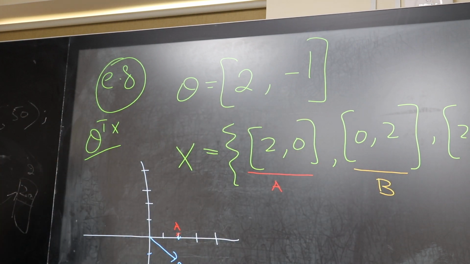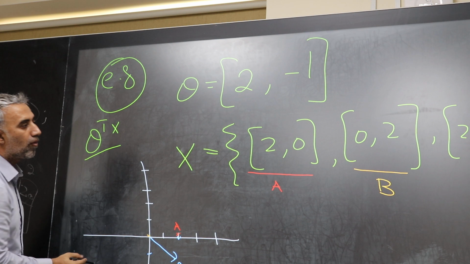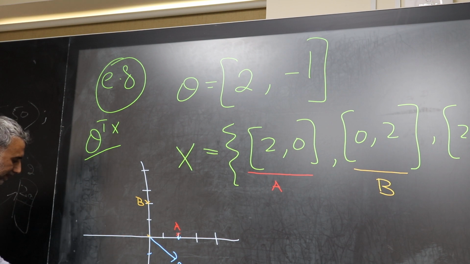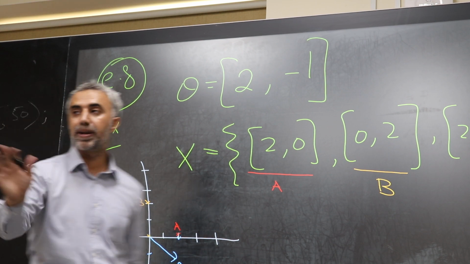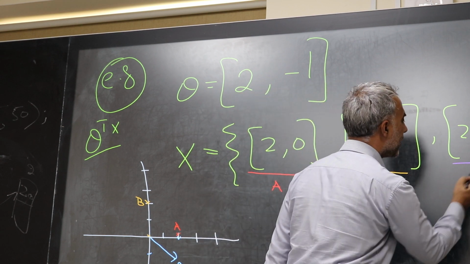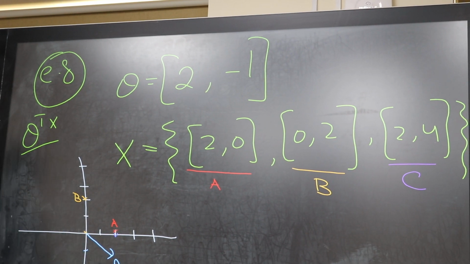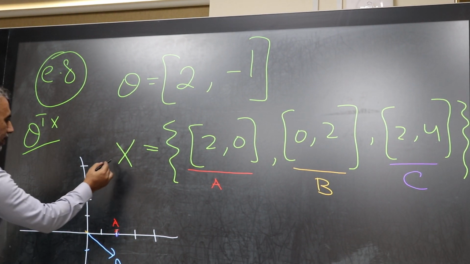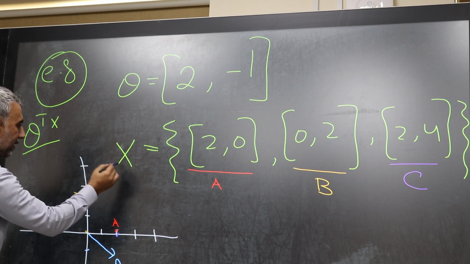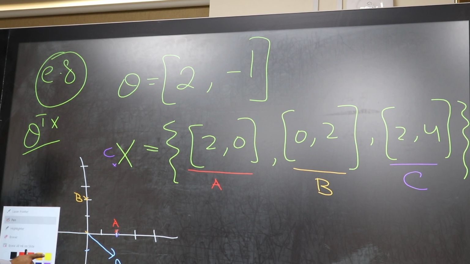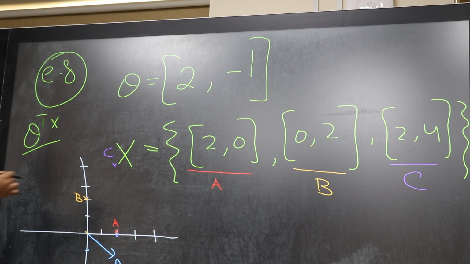Beautiful concept, please stay tuned. This one is C. Once x is at 2, then y is at 4. So it's C. Now please try to understand the beauty of the system.